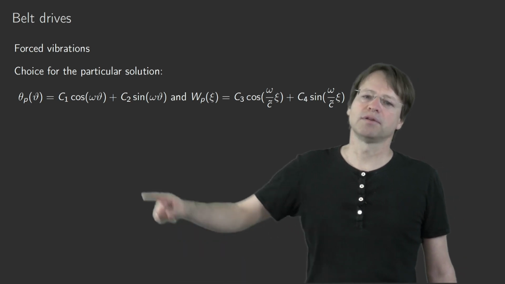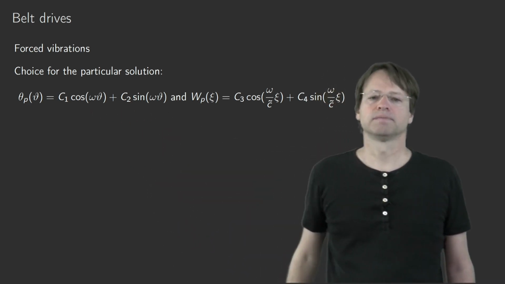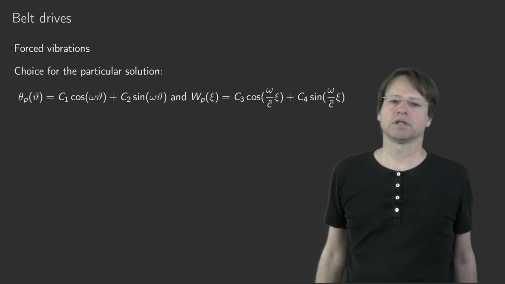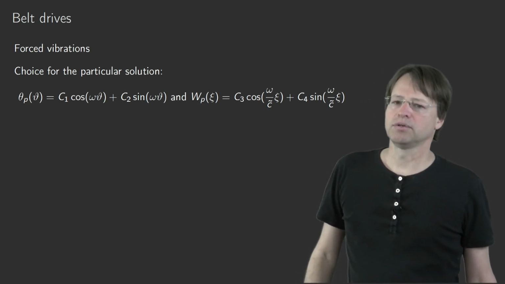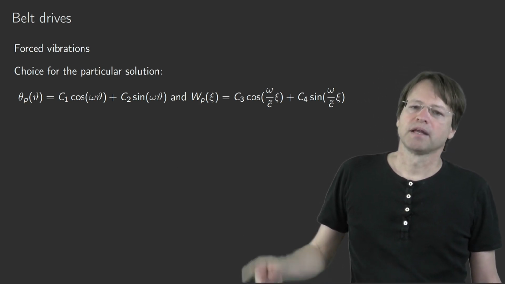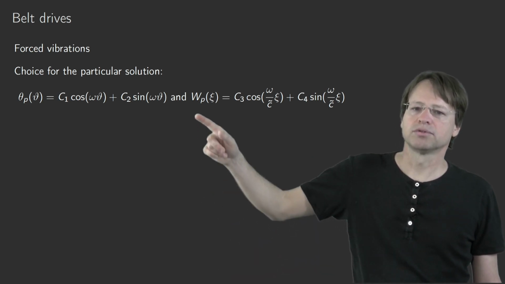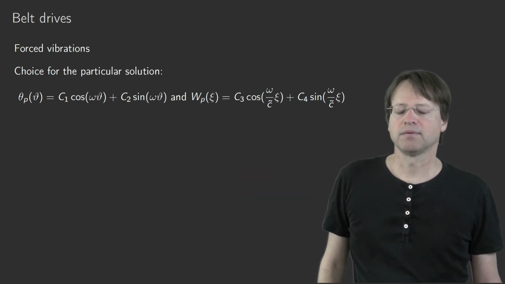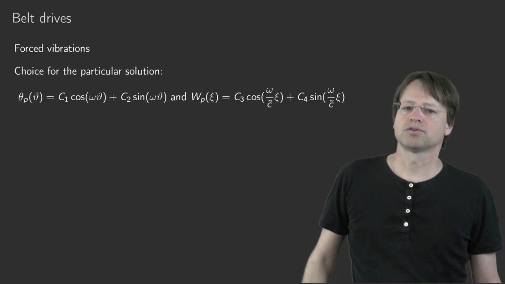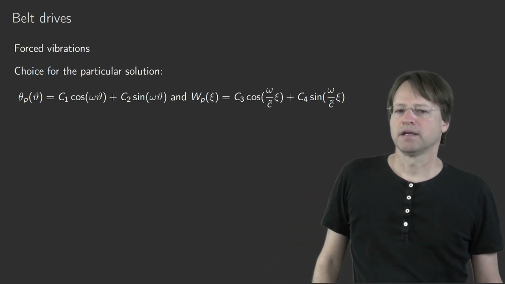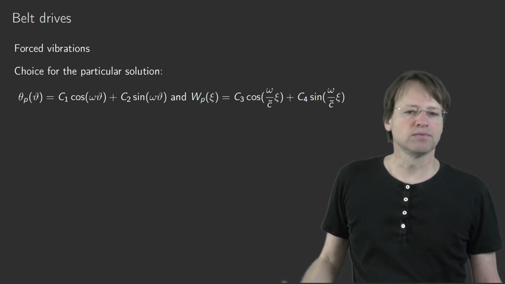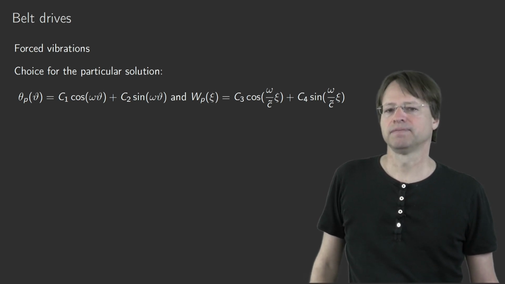It's now an excitation frequency. We still assume that we have that harmonic solution. Why not? That's what the Bernoulli separation yields. The same holds for W with respect to psi. Also there we had a second order ordinary differential equation, which we of course have to satisfy.